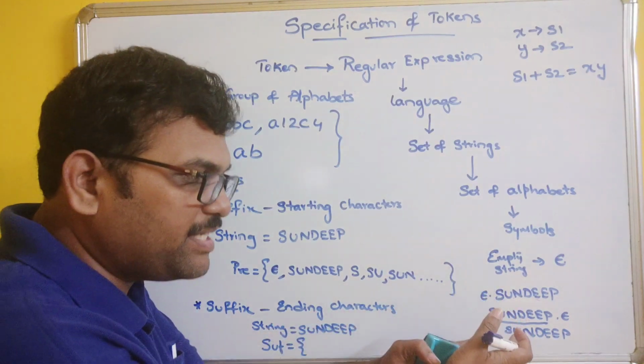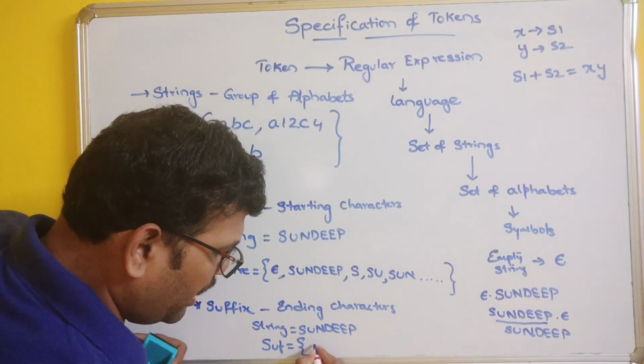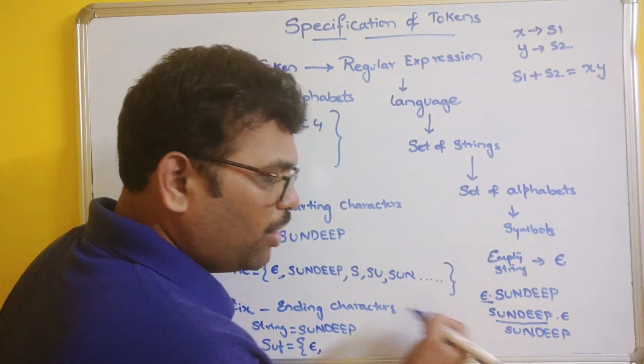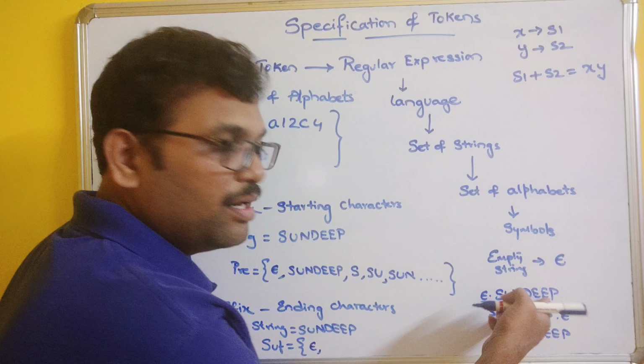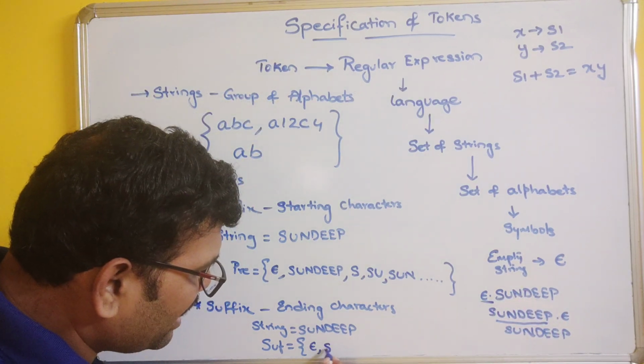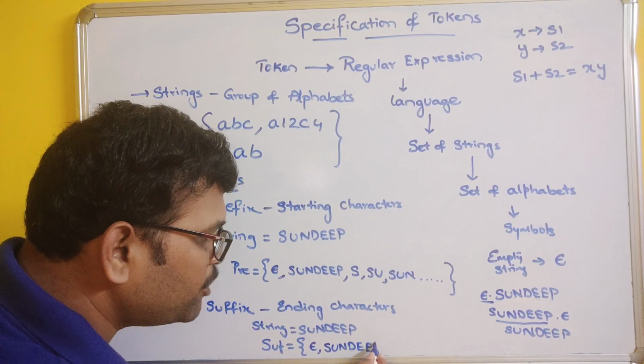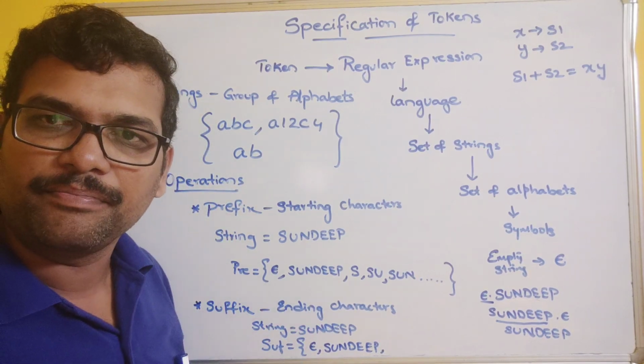If you consider Sundeep as a string, the suffix will be epsilon. And if you consider the complete epsilon as a string, what is the suffix here? Sundeep. So coming to the prefix and suffix, the first two elements will be epsilon and that particular string.